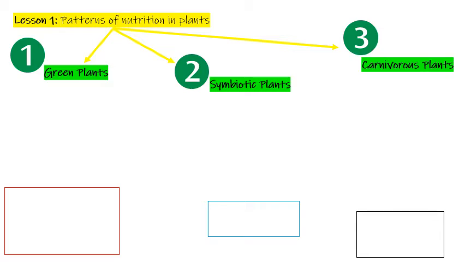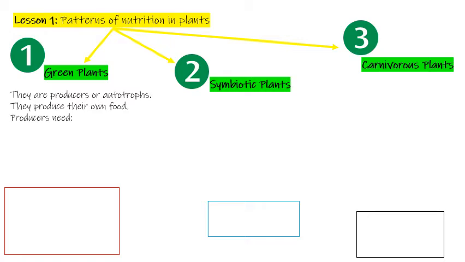Green plants are excellent plants. They have everything that they need and they can get everything that they need to cook for themselves. So we call them producers or autotrophs. Producers, since they produce their own food, they make their own food. They need no one to make this food.